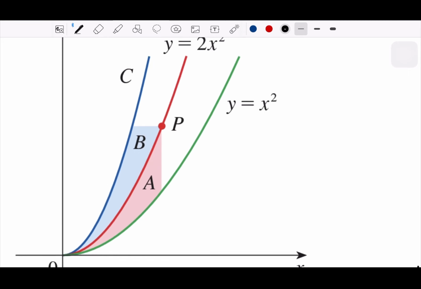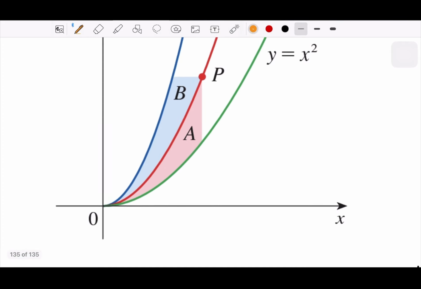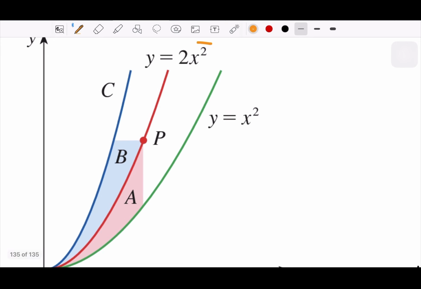So first, if you look at B, we are going to set the integrations by taking this y equal to x squared as the top or as the right side of the area. So we are going to take this minus the curve c. So we are going to change into variable y, so it's going to be dy.